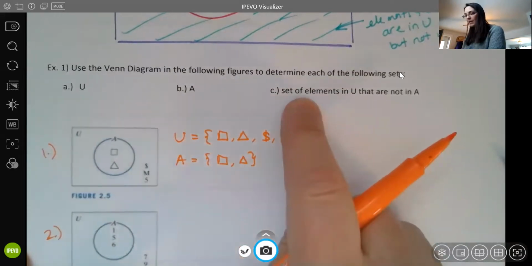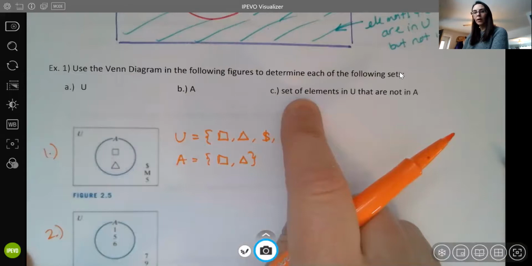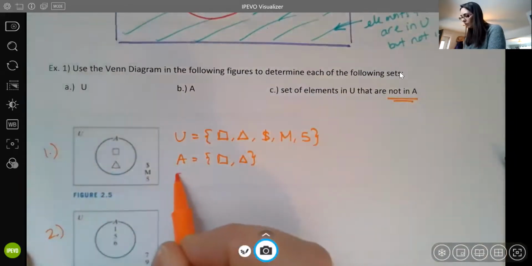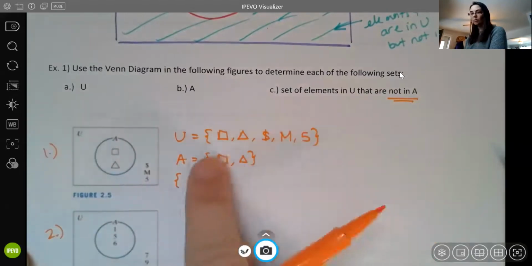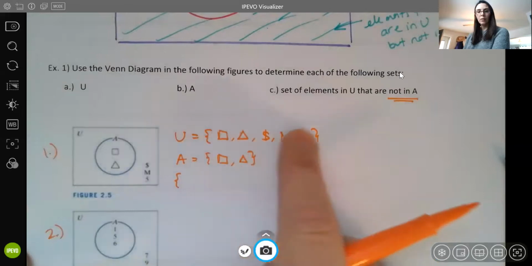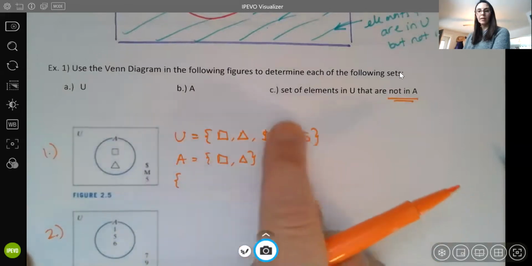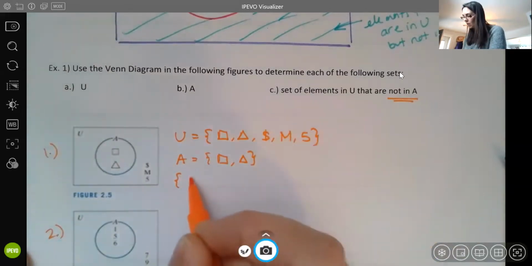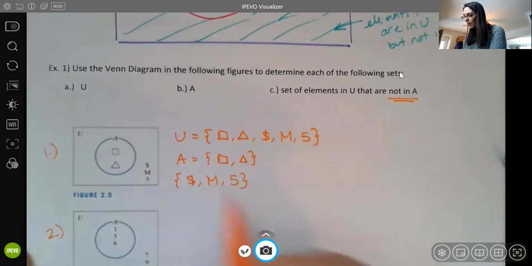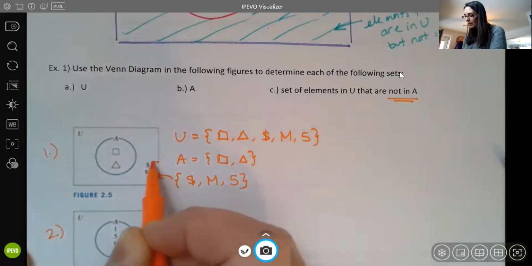Now the last set is the set of elements that are in U but are not in A. And you can see this in a few different ways. You can look at the roster notation for the sets, and we can see that the elements that are in U that are not in A would be these 3 right here: the $ sign, the M, and the 5. And you can also see them here.